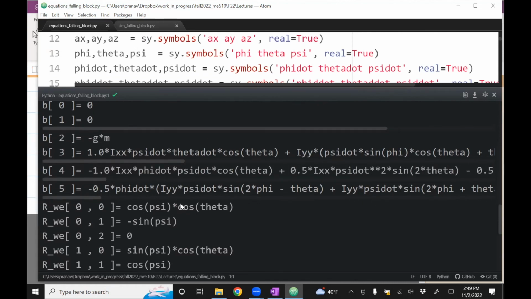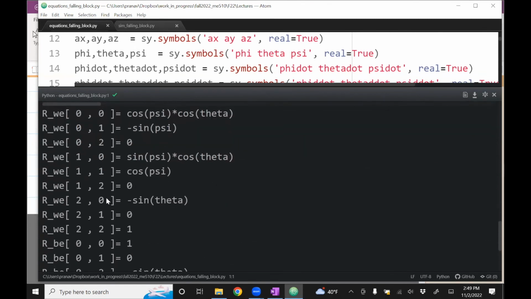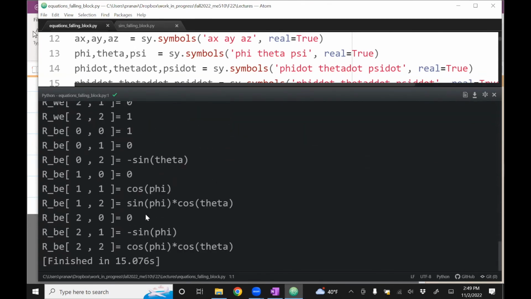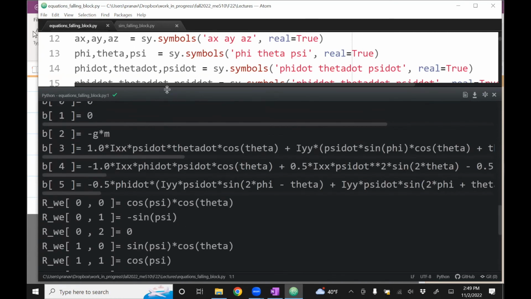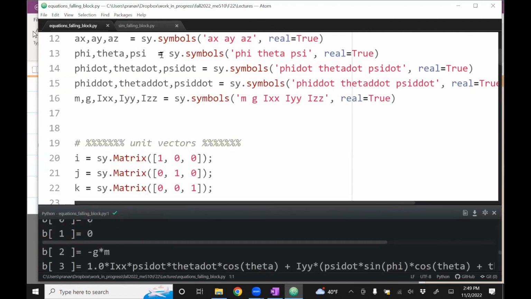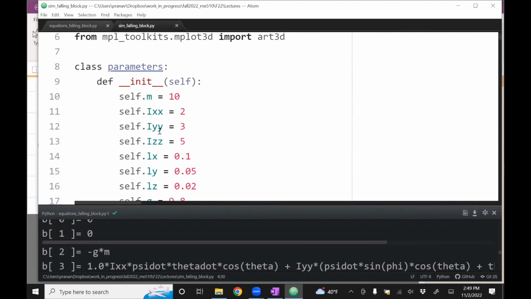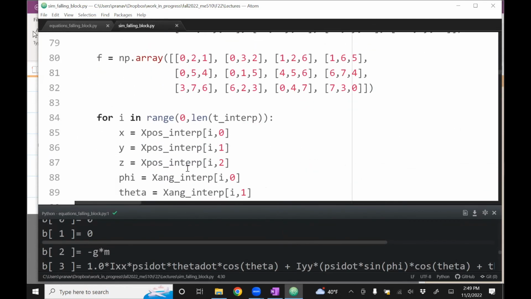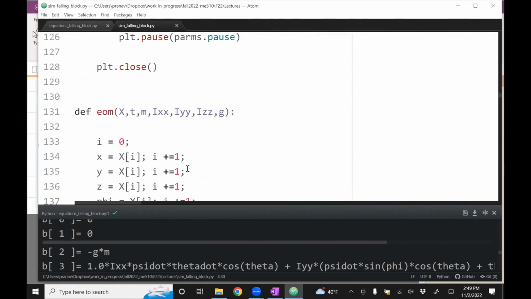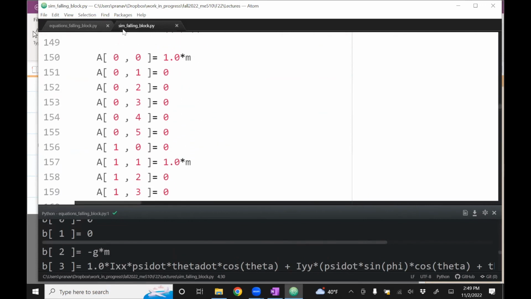It also gives you the rotation matrix associated with the angular velocity to Euler angular rates conversion. Then I take that and paste it into my sim falling block, where I need the equations of motion to use ODE integrate. Now, this is all copy pasted.